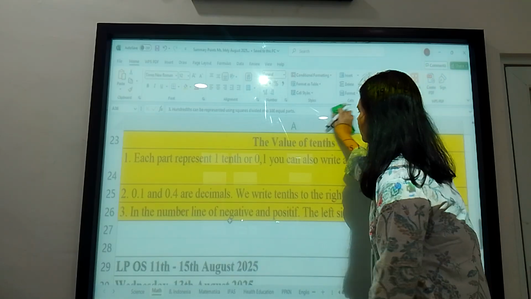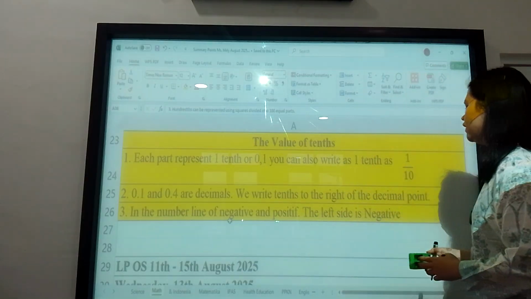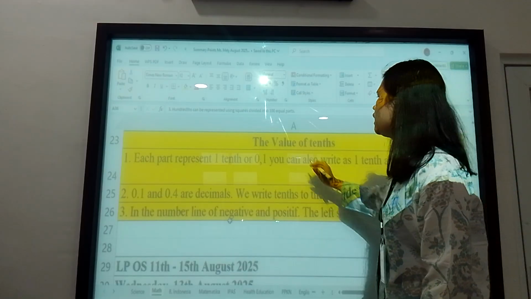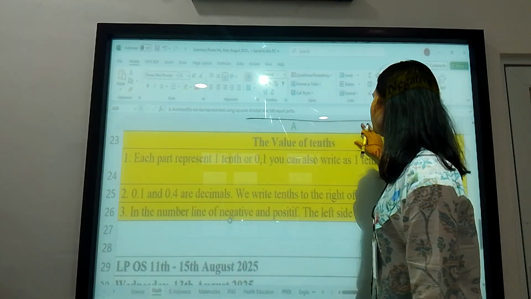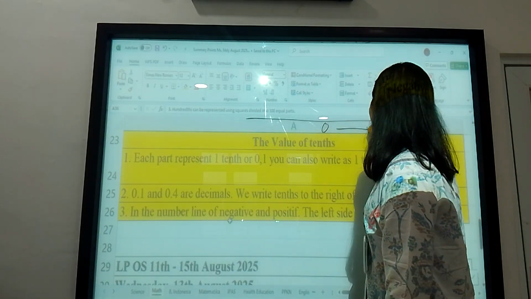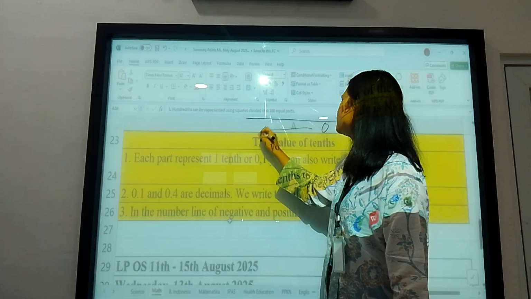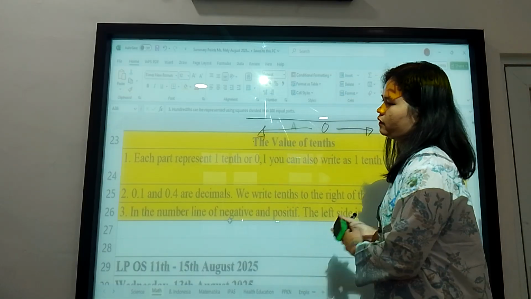Okay, next. And then in the number line of the negative and positive, the left side is the negative. Yeah, if we see the number line, this is 0, and then this is the positive one at the right side, and then this is the left side for the negative part.